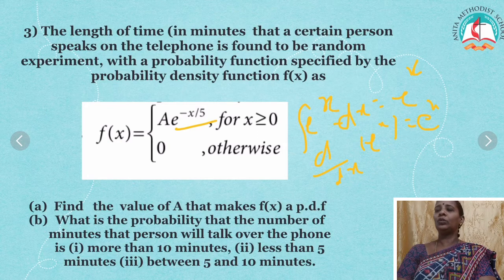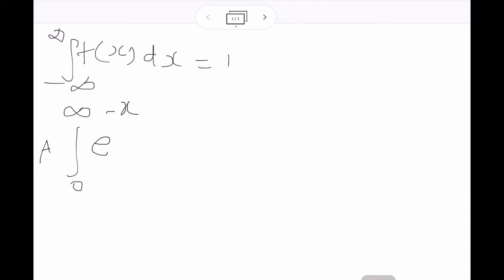Let me see how to do this problem. Solution: integral from minus infinity to plus infinity of f of x dx is equal to 1. My function is defined from 0 to infinity. So write the constant a outside: a times the integral of e to the power of minus x by 5 dx is equal to 1. What is the integral of e power x dx? It is e to the power of x.